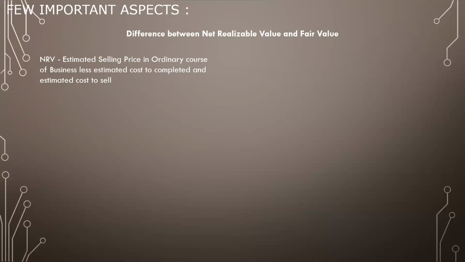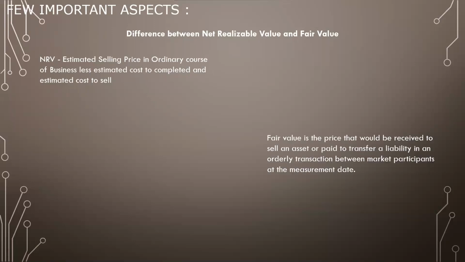If I dissect the definitions in detail, NRV is an estimated selling price in the ordinary course of business, and from there, if I have to incur any cost to sell that product in the market, I have to reduce it. On the other side, fair value is the price that would be received to sell an asset or paid to transfer a liability in an orderly transaction between market participants at the measurement date.